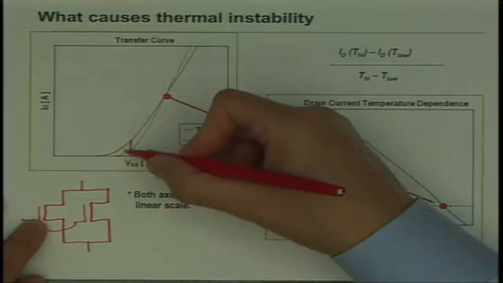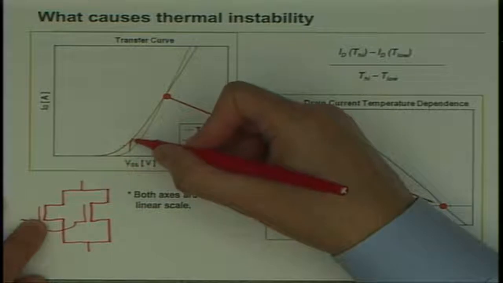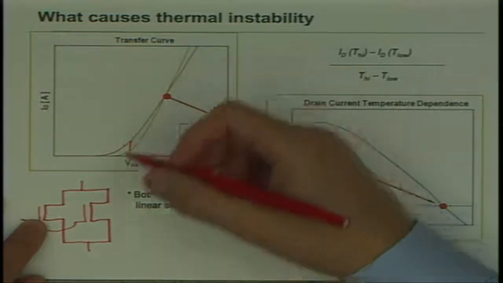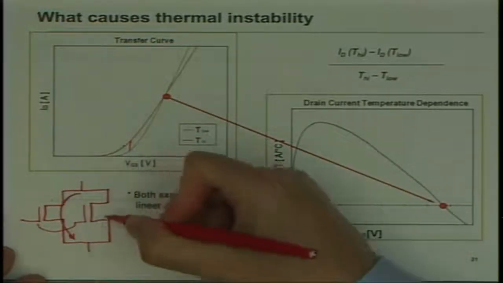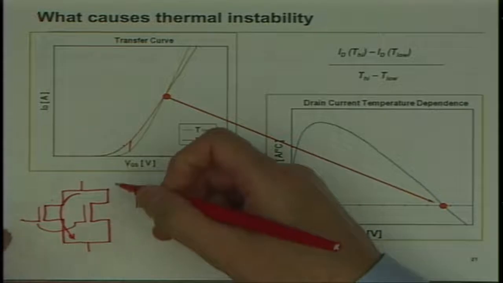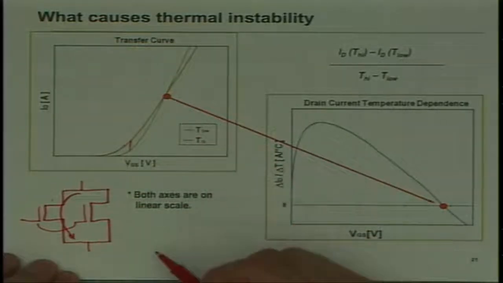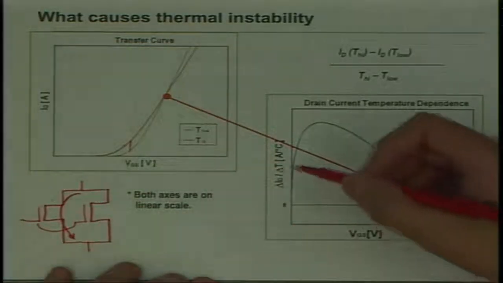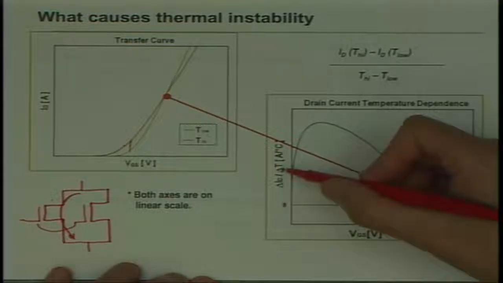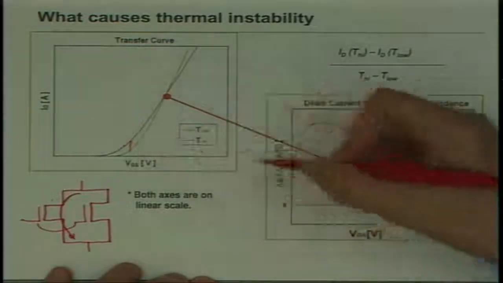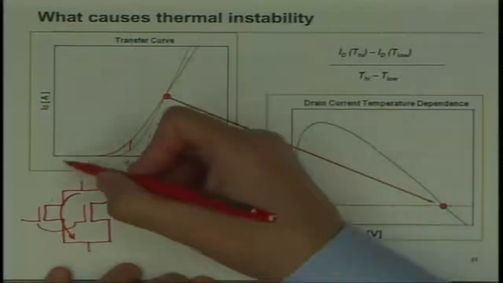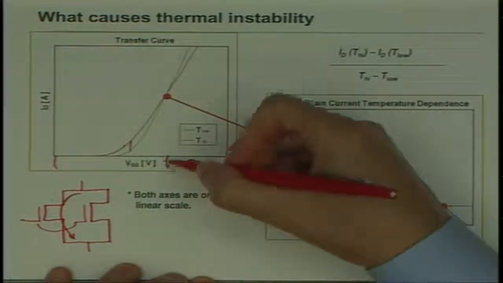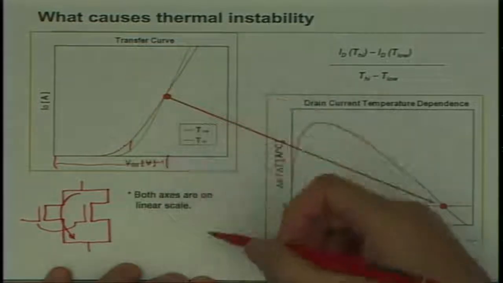It's going to take more and more current, right? Because this temperature coefficient is positive, it's taking more drain current as it gets hotter. So if this is the hot one here, it's going to take more and more current at the expense of this one. So you get imbalance. As long as the delta ID over delta T is positive, in this region from here to here, it's potentially unstable.